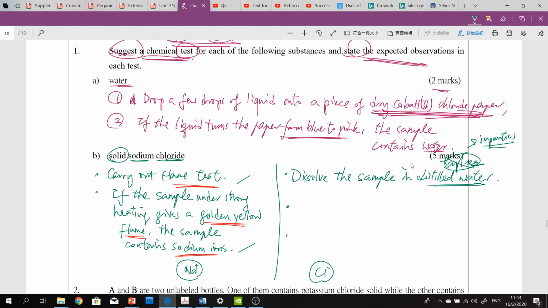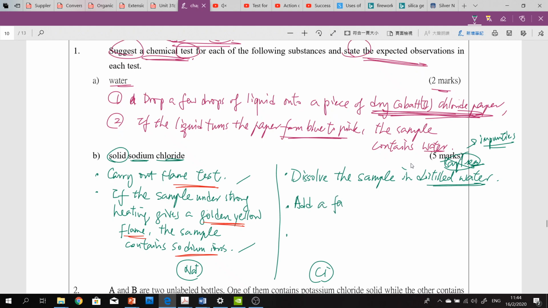How about tap water? Tap water also contains chloride ions. Why? Because chlorine has been bubbled into the tap water for killing germs. So there may be some chance of getting chloride ions. This is what you need to consider. We will dissolve the sample to form a solution, but you use distilled water, the pure water.